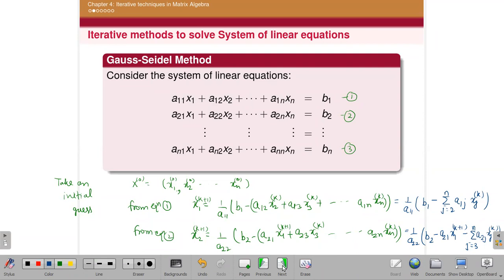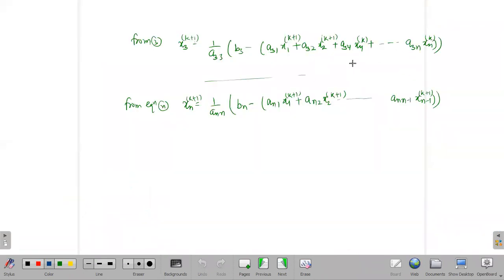Okay, so now in x3 I can write 1 by a33, b3 minus. Here I can use two summations, one for k plus 1 and the second for k. So I can write a3j xj k plus 1, with j equal to 1 to 2, and a3j xj k, with j equal to 4 to n.